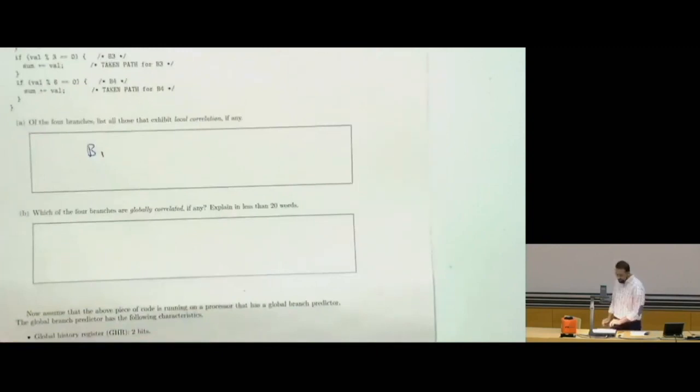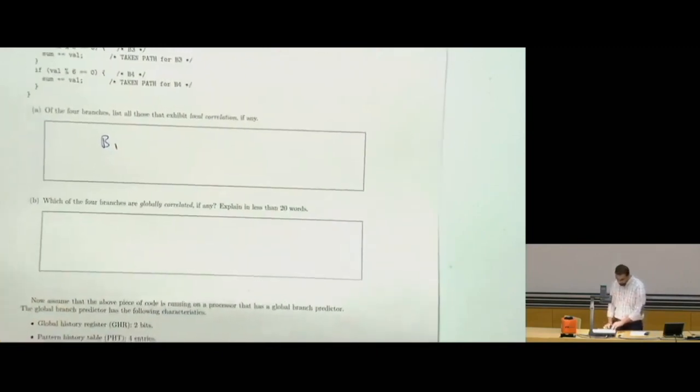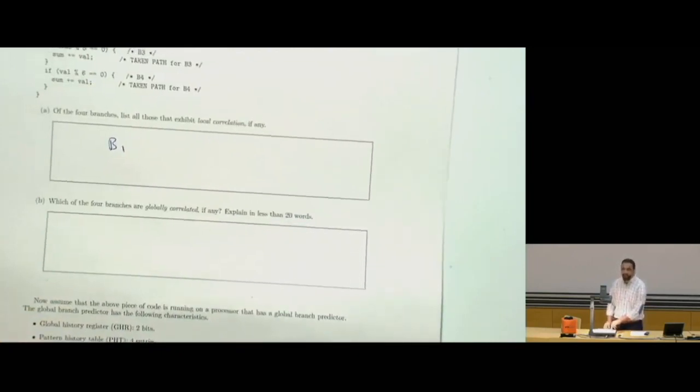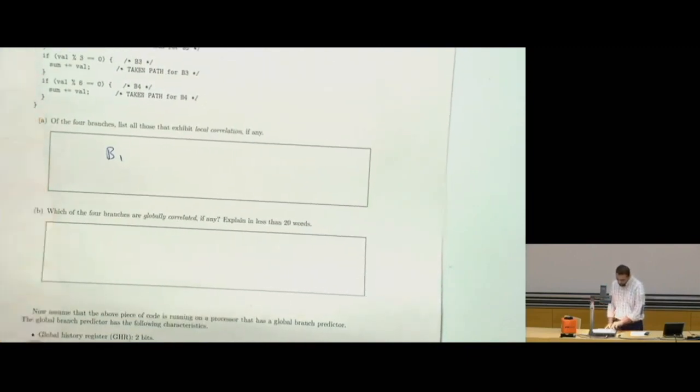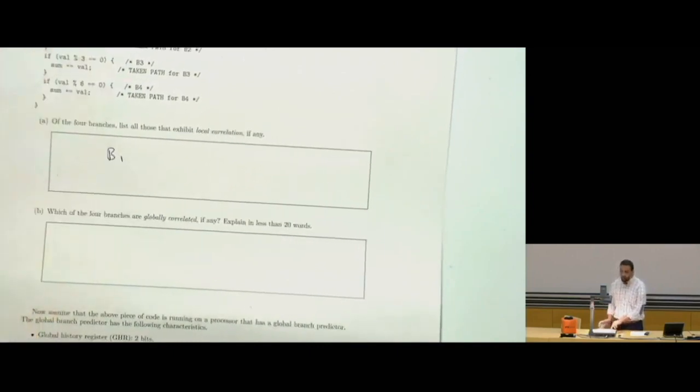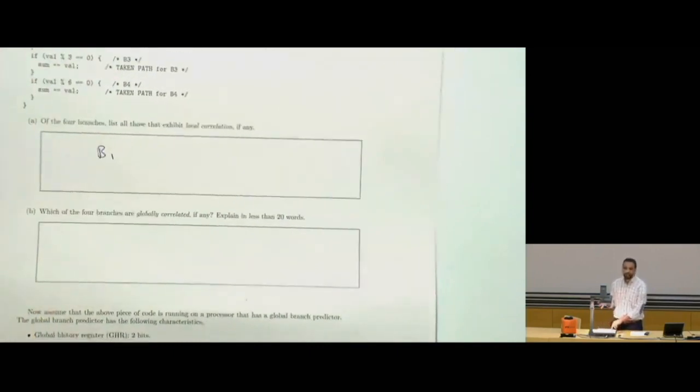So for the second part of the question, the same thing, but I'm asked here to find the globally correlated branches. Meaning that if I'm in the current iteration and one of the branches is taken, can I say something about the other branches? Can I say whether they will be taken or not? So for example, B2: if the value at that index is a multiple of 2, can I say something about whether it's a multiple of 3 or a multiple of 6?